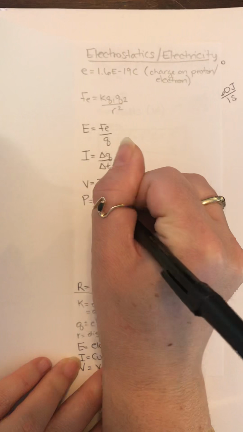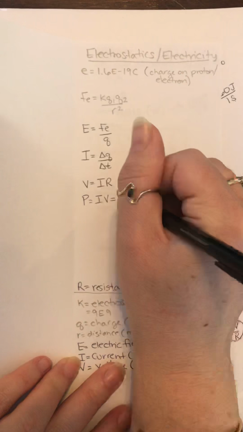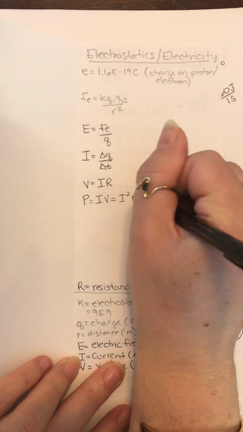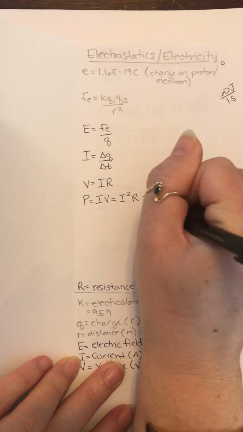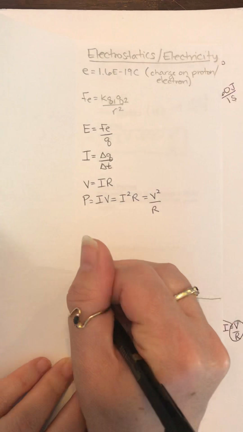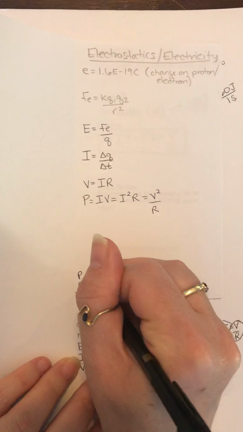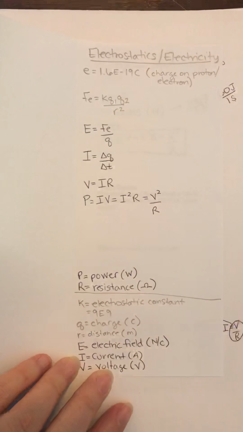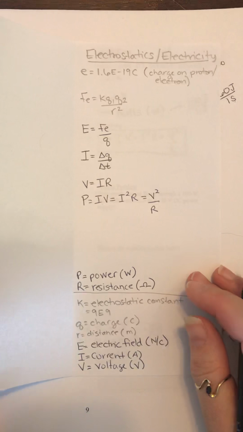Power is equal to IV is equal to I squared R is equal to V squared over R. And again, it depends on what we have. And I'm going to add down here that P is equal to power measured in watts.